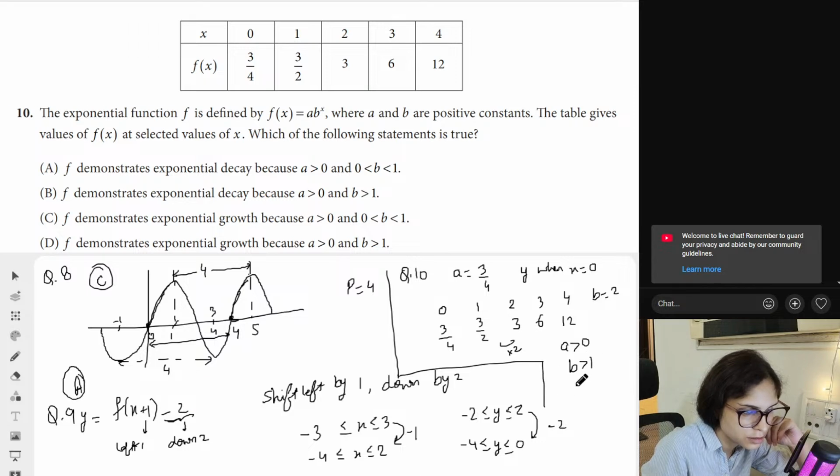So this is a growth. And let's see where all these specifications match. It should be growth, so C and D. A is greater than 0 and b is also greater than 1 because b is 2, so option D. Perfect.